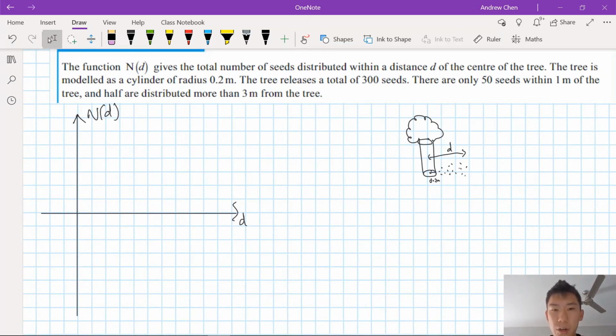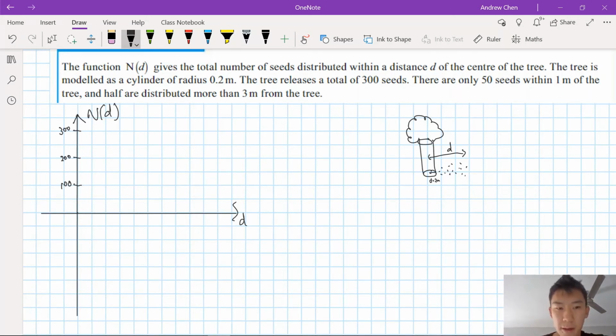I'm going to make my y-axis go to 300, using a scale of 50 for every square, because the tree releases a total of 300 seeds.